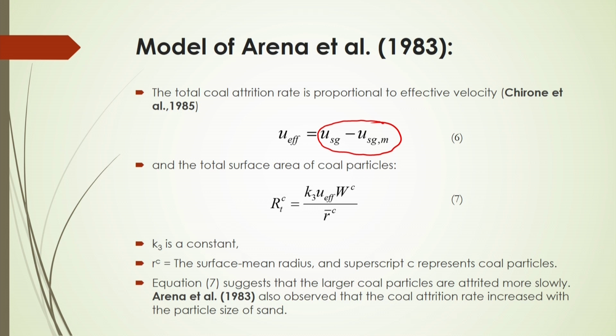Now, as per this model, the total surface area of the coal particles will be changing. That change of total surface area of coal particles can be represented as RTC, C for coal.